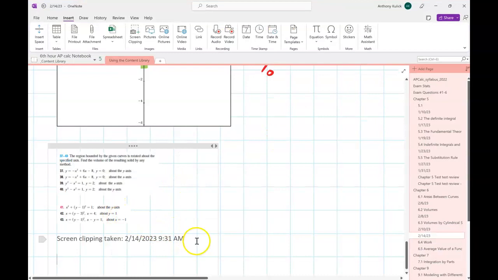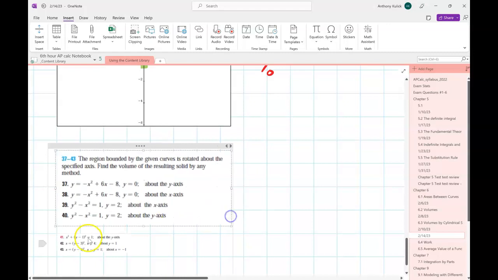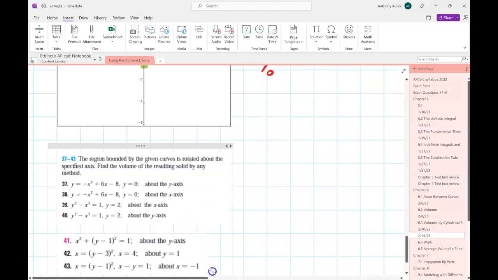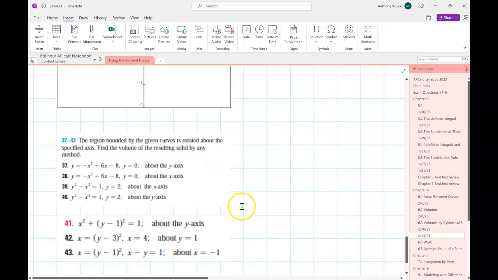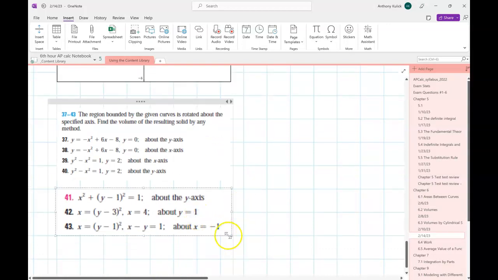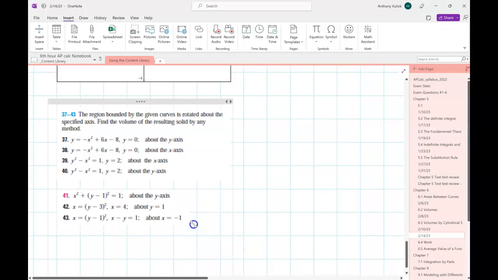When you think you have a setup correct, come and ask, and I'll tell you if you got it or not, or if there's a problem with it and where that problem might lie. But the whole point of today is to get some practice on doing this process. Now notice the directions here.